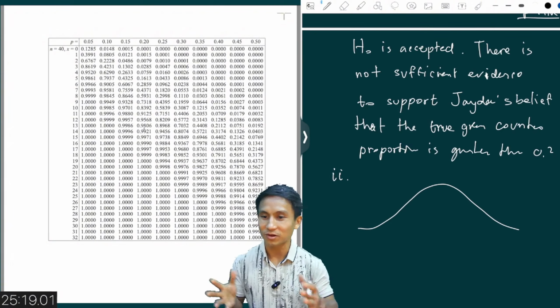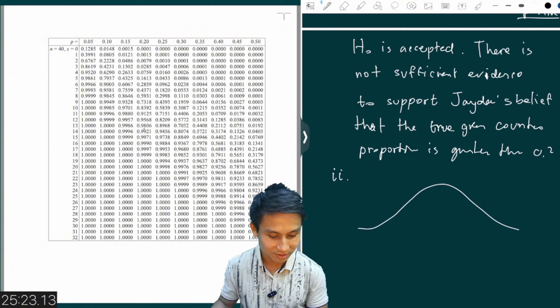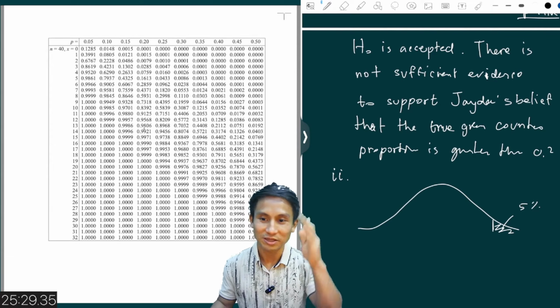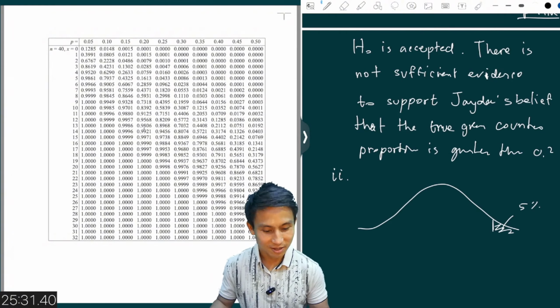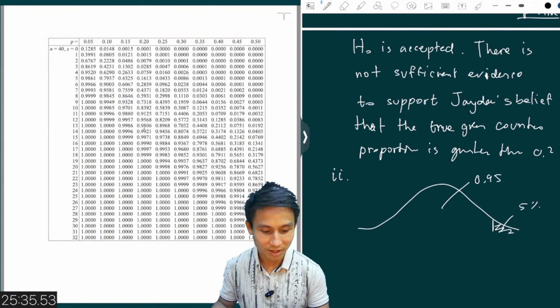I draw a bell curve all the time, but it's not exactly a bell curve, therefore binomial, because it's discrete. So we want this area to be 5%, to be just critical. That means the remaining area, the left part here, is 0.95.